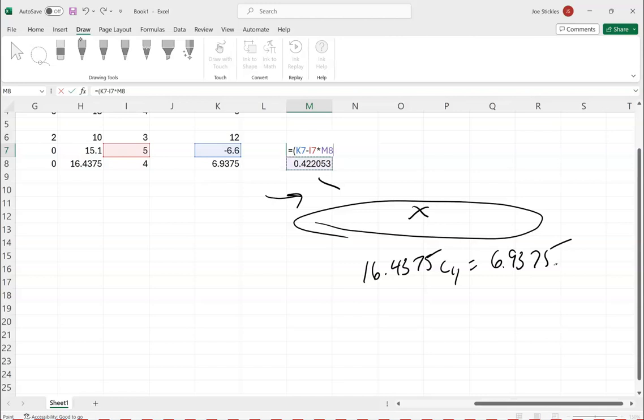So we're taking this, moving it to the other side, and then we're going to divide, right? So we have C3 equals negative 6.6 minus 5 times C4, all divided by the 15.1, correct? So all I need to do is, that's where the negative 6.6 is, that's what's in K7. The I7 is the 5, the C4 is the M8. I still need to divide this by the 15.1, which is H7. Right?